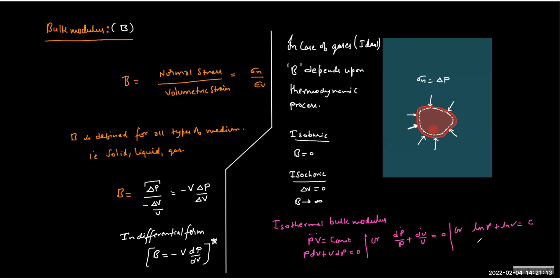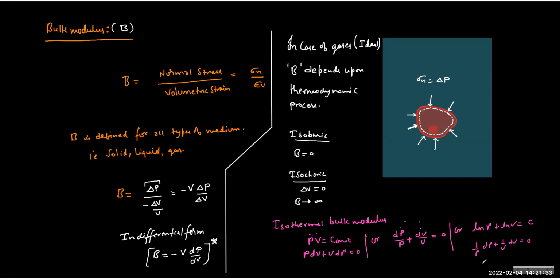Now if you differentiate, you will get 1 by P dP and 1 by V dV. So this is how we write. Be it any method, you should be comfortable with taking the log and then differentiating. That is always easy mentally.